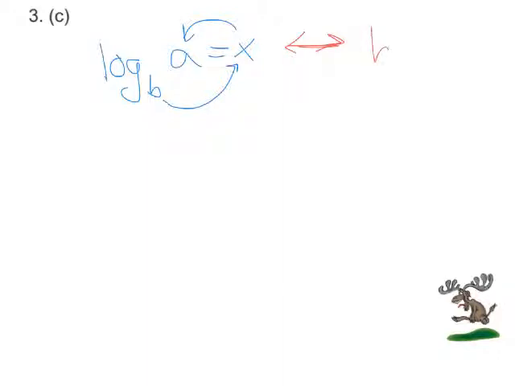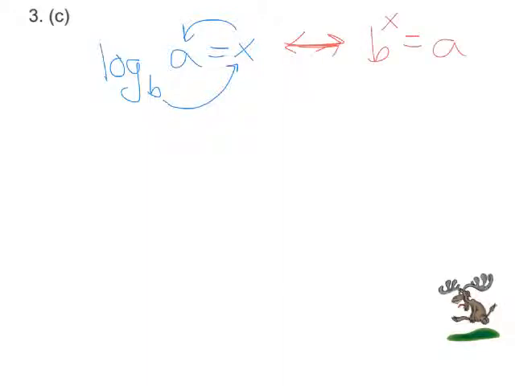Moving on to 3c, we are dealing with logarithms, and very simply this is just applying the conversion between a logarithm and an exponential statement, where we can say that this can convert into an exponential statement by reading as b to the x is equal to a.